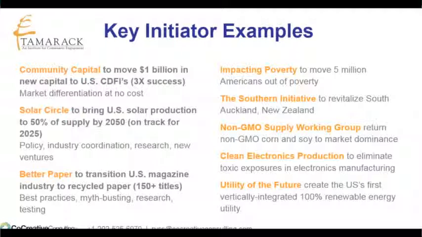So we were asked to join ThinkPlace and bring a collective impact approach. We've applied the Key Initiator approach and recreated what we call the operating model for the Southern Initiative based on this Key Initiator approach.